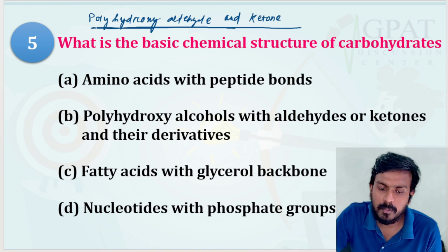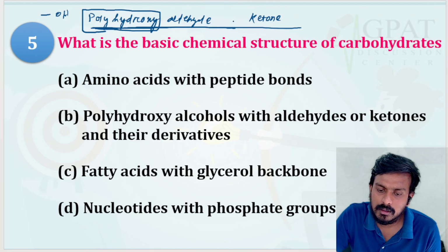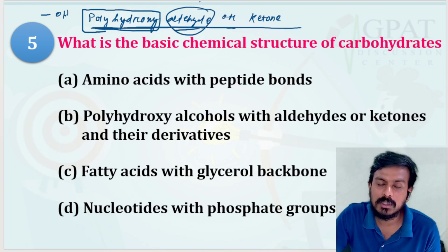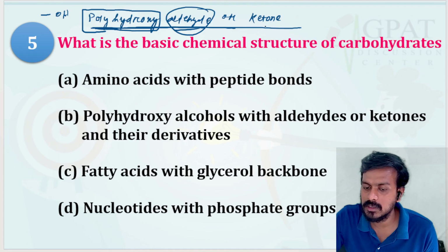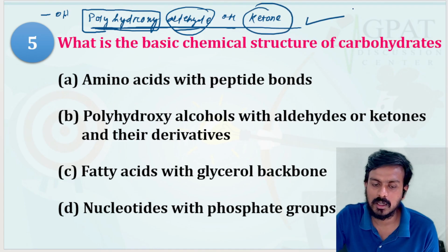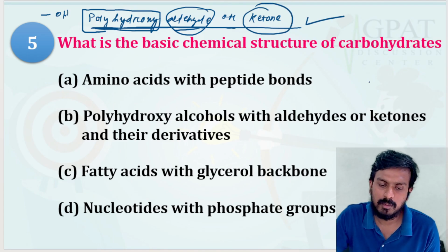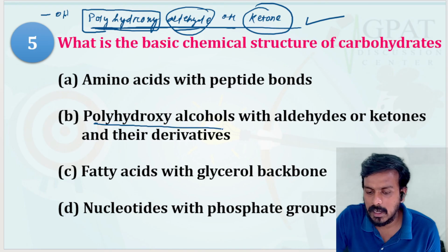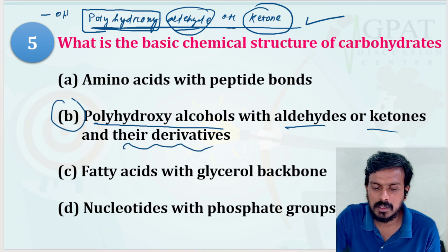It consists of polyhydroxy, that means multiple OH groups, along with either an aldehyde functional group or a ketone functional group. So the basic chemical structure of carbohydrate is polyhydroxy alcohol with aldehyde or ketone and their derivatives. Option B is the correct answer.